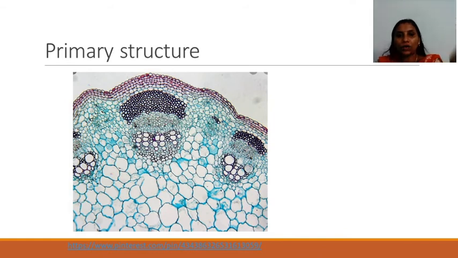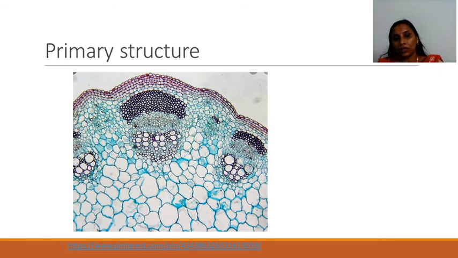At the center of the stem, we can see a large number of very big parenchyma cells, and they constitute the pith. It is the center of the dicot stem, and it is very large.